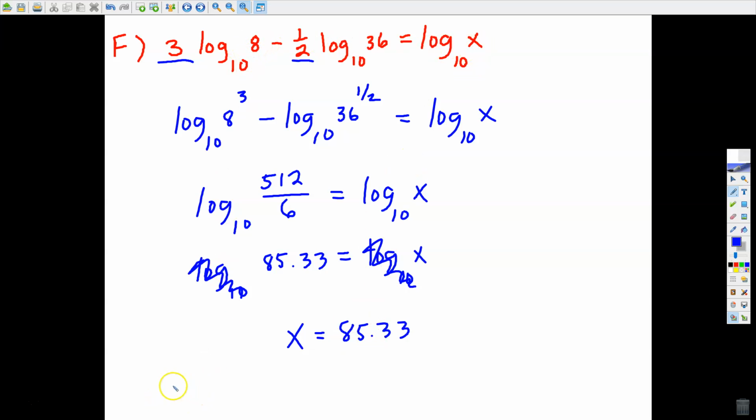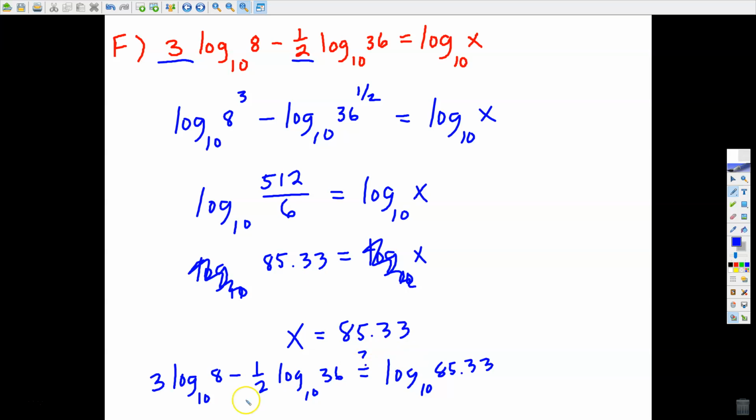So let's just check it real fast. So 3 times log base 10 of 8 minus 1/2 log base 10 of 36. I want to see if that equals log base 10 of 85.33. So in your calculator, it's already programmed as base 10.